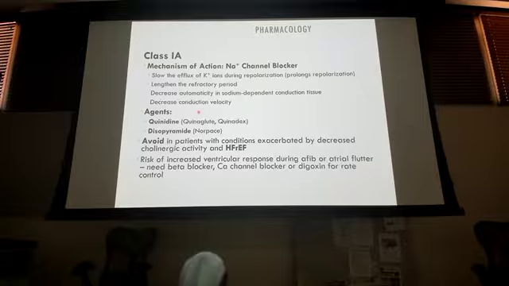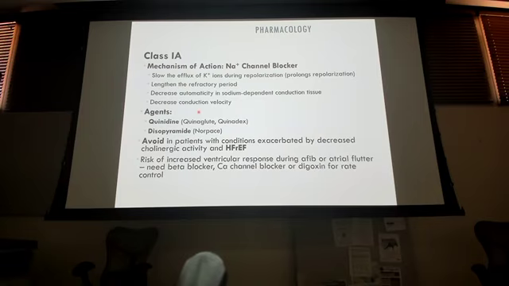And then you see anybody who has any type of decreased cholinergic activity. So last semester, what we talked about, right? Our acetylcholine is low in our patients who have Alzheimer's disease, so we could potentially make it worse for our patients with those decreased cholinergic activity type diseases. And then your increase in your ventricular response, right?